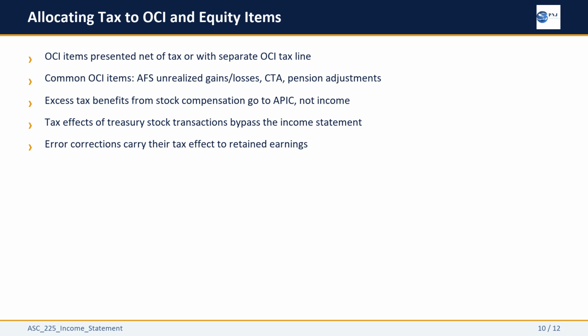Certain tax effects never touch the income statement at all. Excess tax benefits or deficiencies from stock-based compensation under ASC 718 are recorded directly to additional paid-in capital. Tax effects of treasury stock transactions also go to equity, and when a prior period error is corrected, its tax effect flows with the error to the retained earnings adjustment.